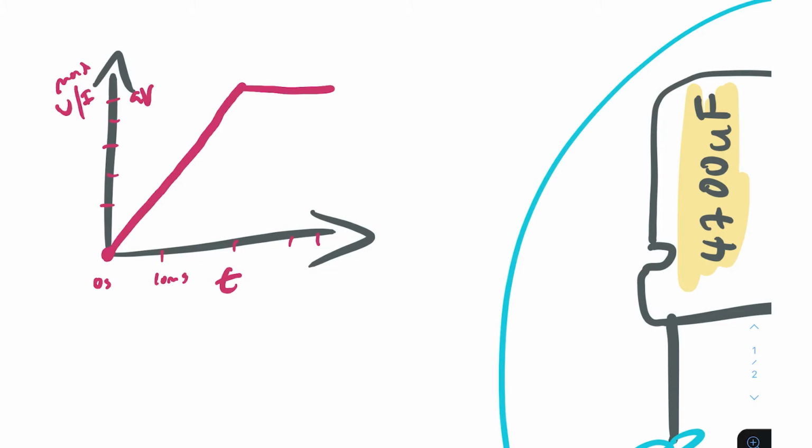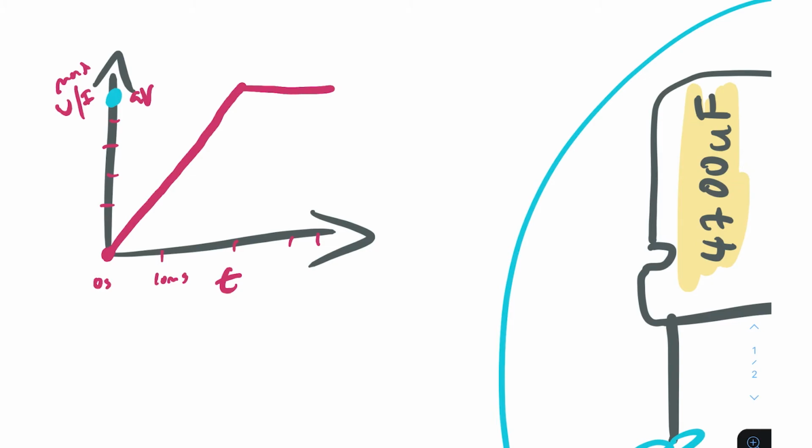So what's going to happen in terms of the current? Remember, the current is equal to the capacitance multiplied by the rate of change of voltage over time. So the current's going to start off high, at the top up here, and you're going to see the maximum amount of current being drawn from the circuit when we start.